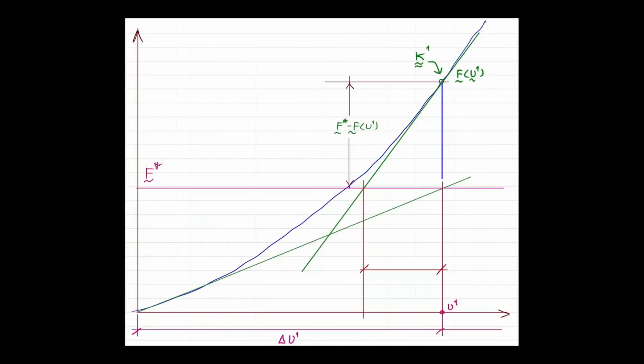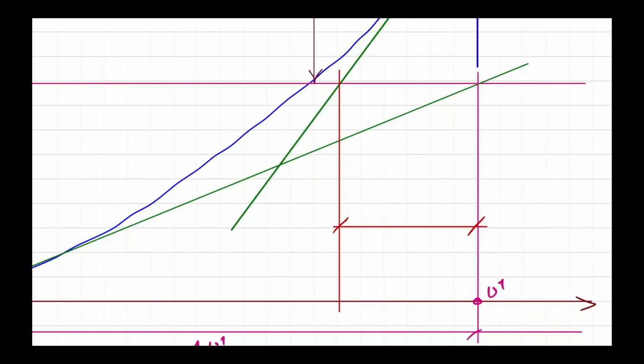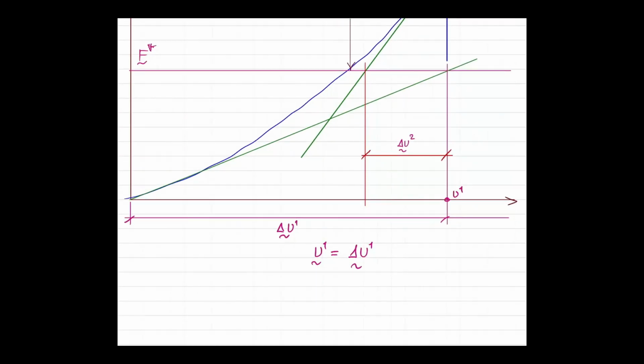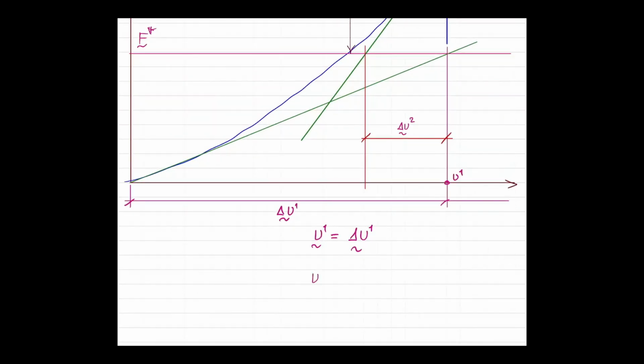So your delta U2 is given there. The current U2 is equal to U1 plus delta U2, but the delta U2 is negative, right? So it comes back to here, and here is your U2.